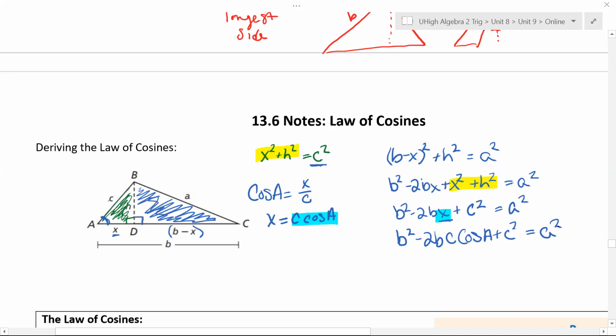Then I want to clean this up. What this is saying is that one of my side lengths squared equals one of the other side lengths squared plus the third side length squared minus 2bc times the cosine of A.